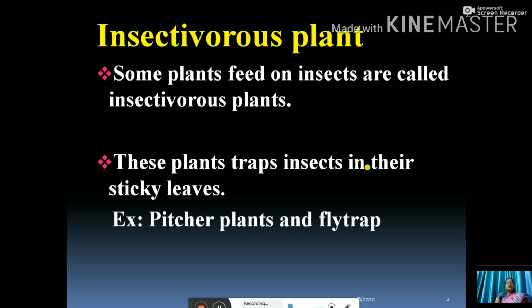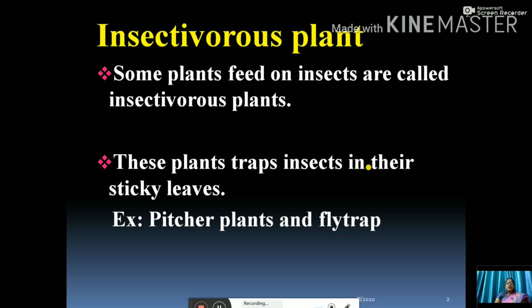So, first of all, you know what is the meaning of insectivorous plant. It is very clear that plants that feed on insects are called insectivorous plants. Clear? See that these plants trap insects in their sticky leaves, and these are the examples: pitcher plant and fly trap.